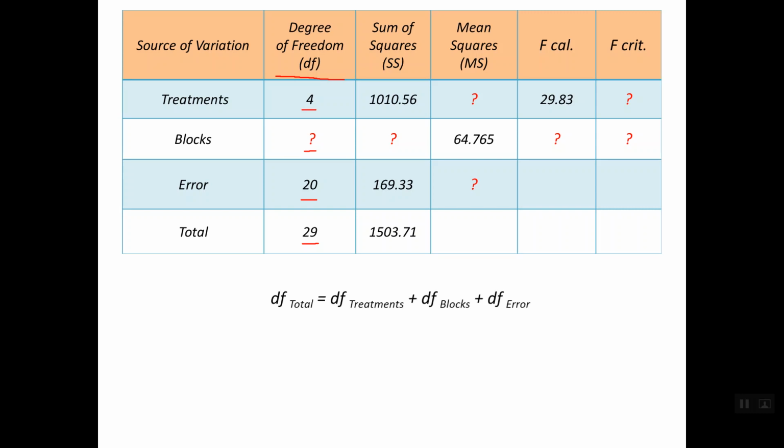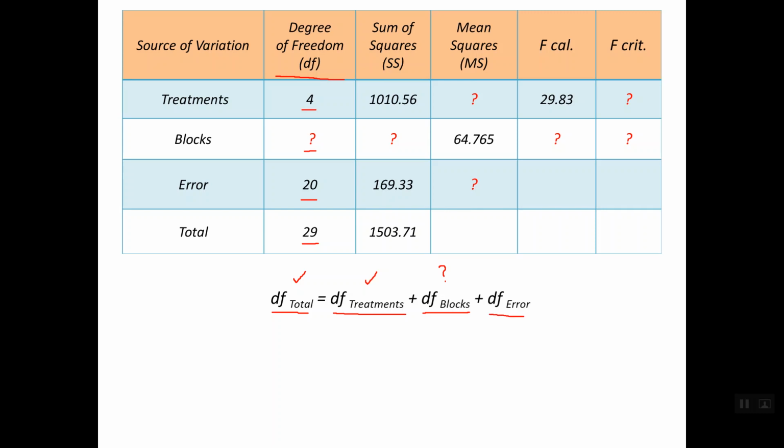So simply we can use this formula. Degree of freedom total is simply equal to the degree of freedom for the treatments plus the degree of freedom for the blocks plus the degree of freedom for the error. The total is known, and the treatment is already known. For the blocks, this is the missing one, we need to find it.